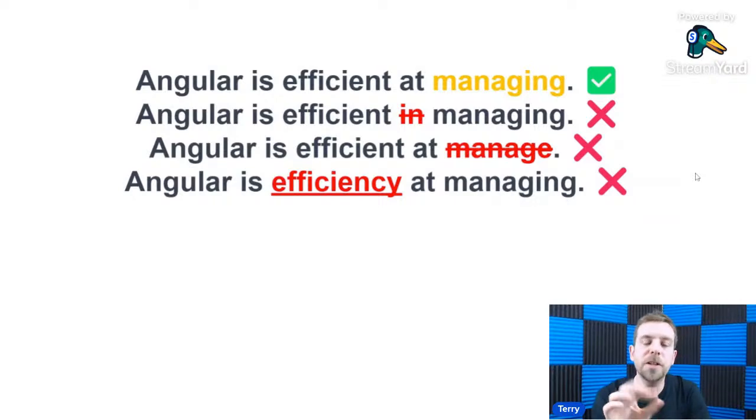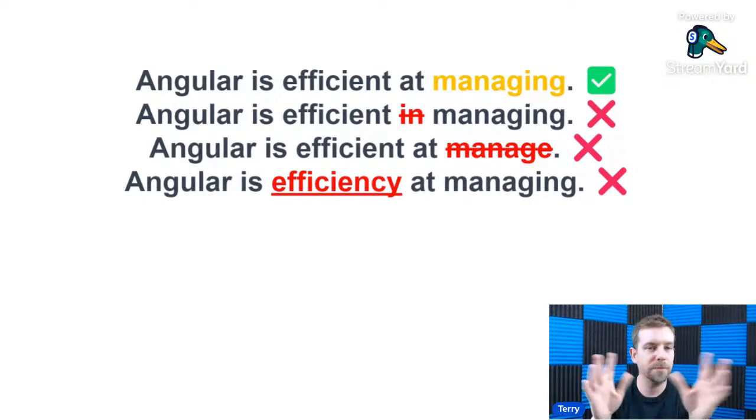So let's be careful about the small possible mistakes when we want to describe a framework or a technology, right? So Angular is efficient at managing. That's the correct sentence. Efficient, the adjective, the word at, the verb with ing. If you look here, the next one, Angular is efficient in. No, this is incorrect.